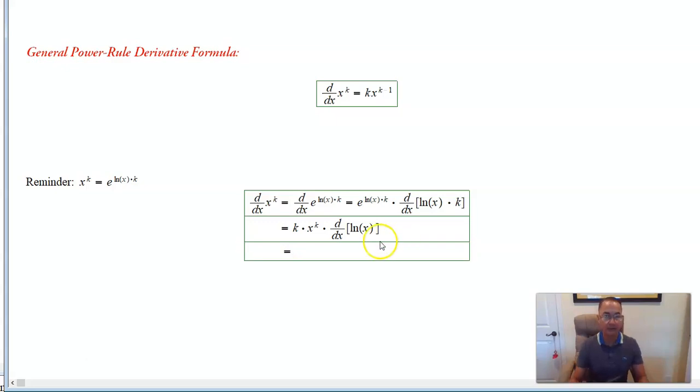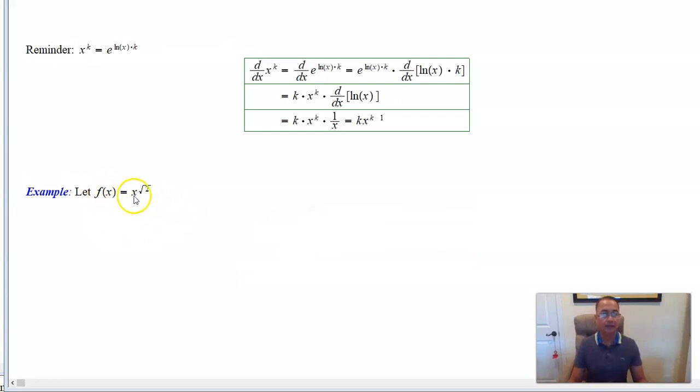So we saw, reminder, it is just 1 over x. Okay, so k times x to the k times 1 over x. Ooh, but we have x to the k times 1 over x, which is x to the 1. That's a quotient. So we said that you simply subtract the exponents. Okay, so you get x to the k minus 1, and that is exactly what we have in our formula.